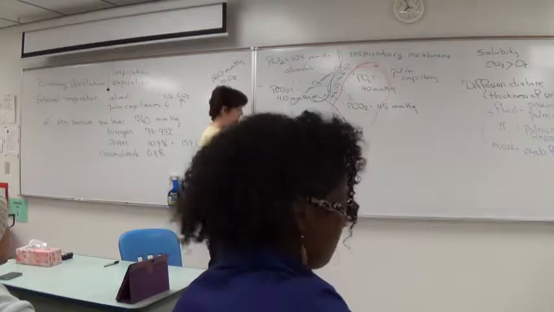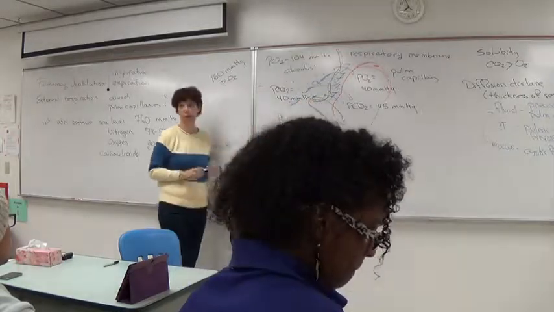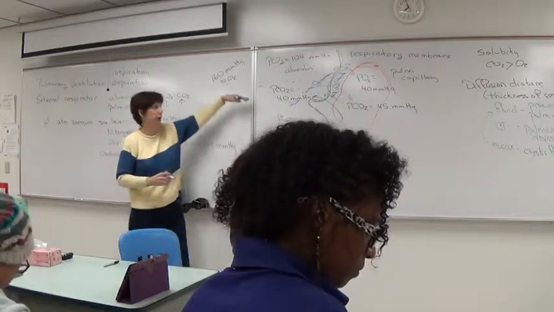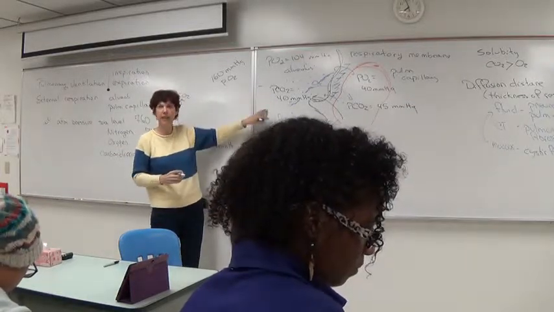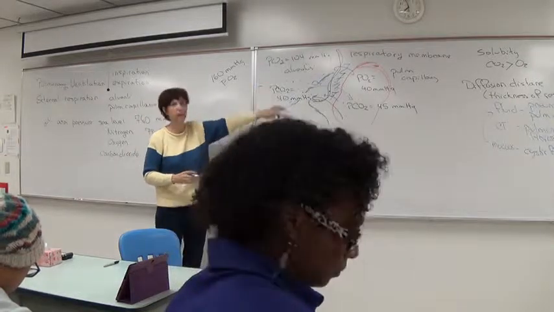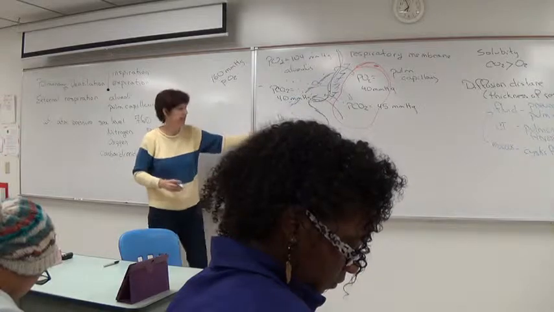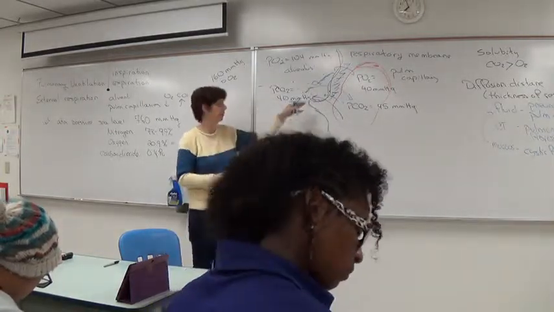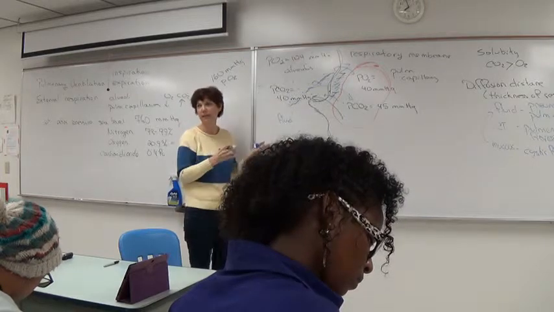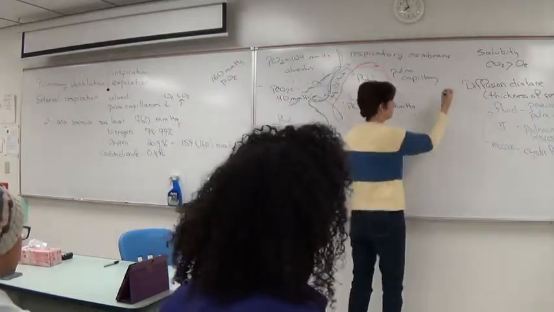So now we have, instead of two smaller alveoli, we have a larger alveolus. So we've lost some of our surface area. We still have the same amount of oxygen in here, but we have not as much surface area. It's going to take longer for this oxygen to get to the blood vessel than if we had another blood vessel in there. All right, so another factor is the surface exchange.